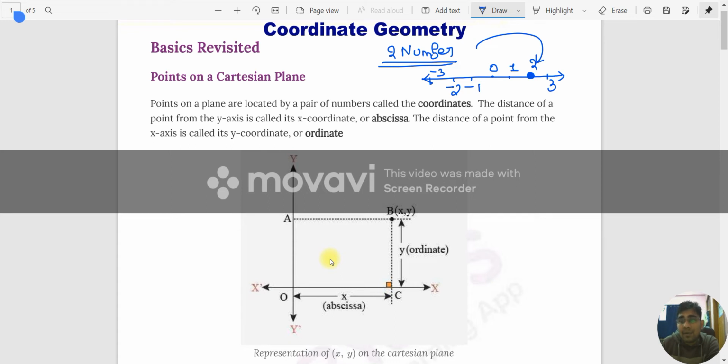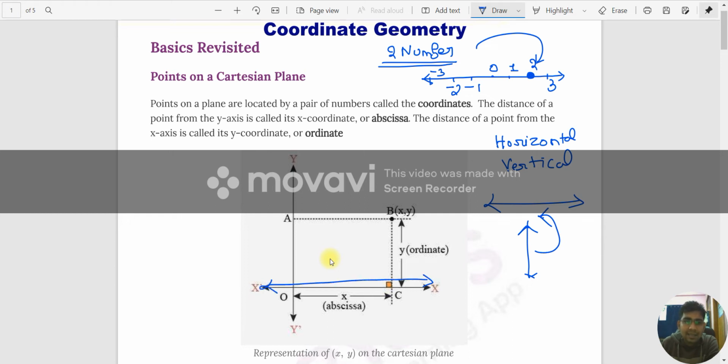So the number line has two types. The first number line is a horizontal line, and the second number line is a vertical line. Okay, so the horizontal line is like this and the vertical line like this. When we put these lines together, this is the horizontal line and this is the vertical line, this will become a Cartesian plane.